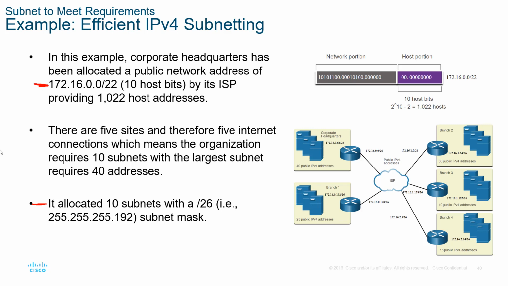In this example down here, we're dealing with less than 62 hosts per network. That /26 gives us just under 64, 62 usable hosts. So that's why we have 40 public, 25 public, 15 public, 10 public, 30 public. All of them fall underneath that total host count per network.